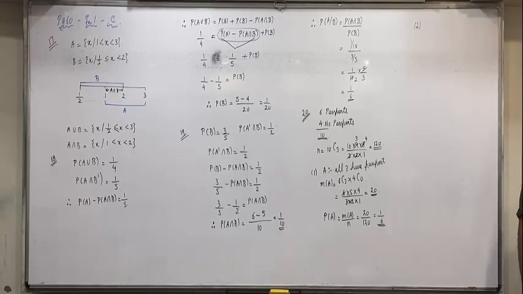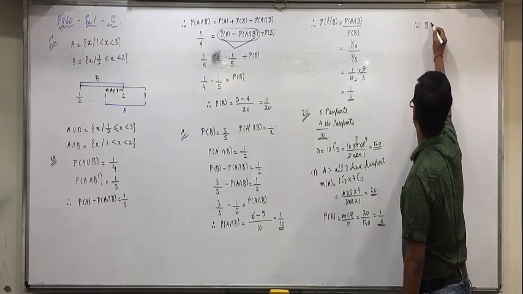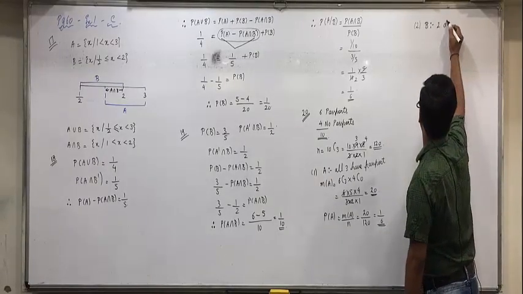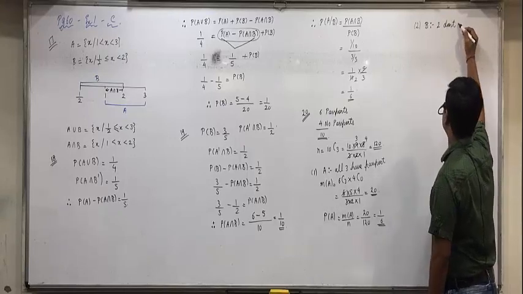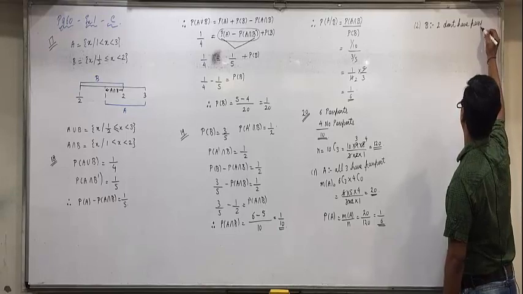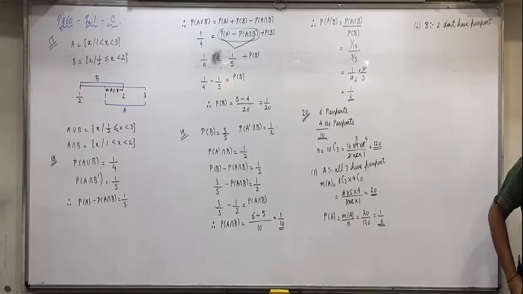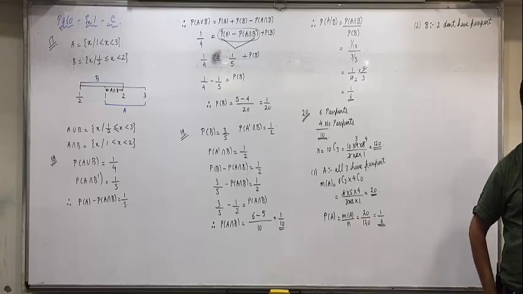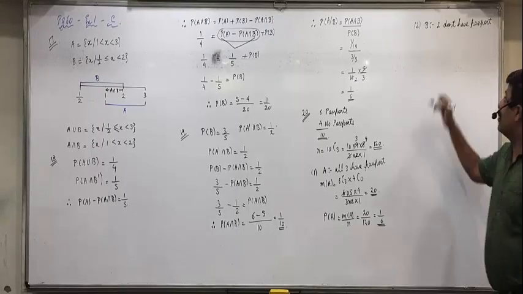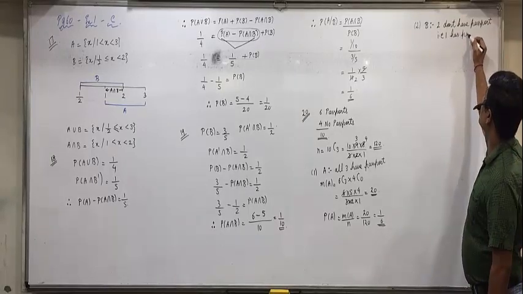2 persons among them do not have a passport. And let event B be the event that 2 persons don't have passport. How many are selected? 3. So if 2 do not have passport, then 1 has passport.